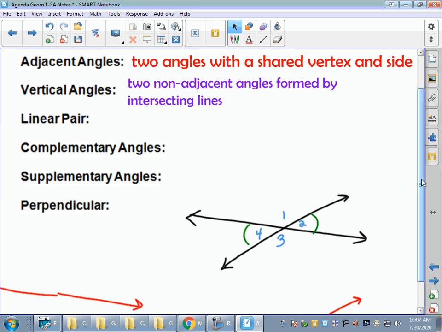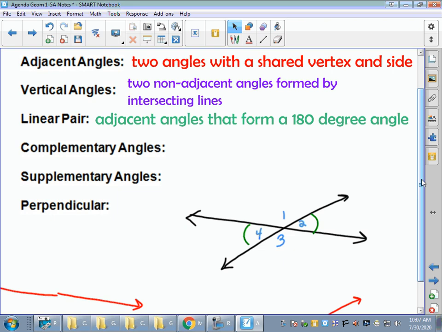A linear pair are adjacent angles, so we have to refer back to adjacent. Adjacent angles that form a 180-degree angle. We said that angles 1 and 2 were adjacent, right? Angles 1 and 2 share that vertex and this side right here.